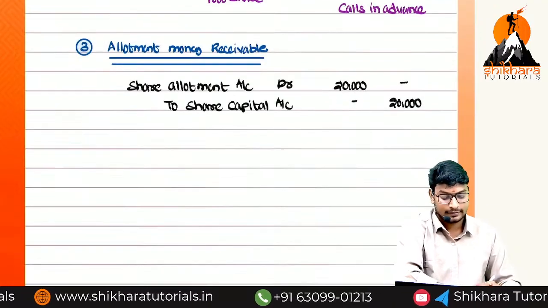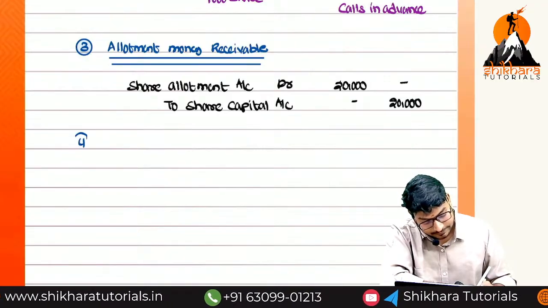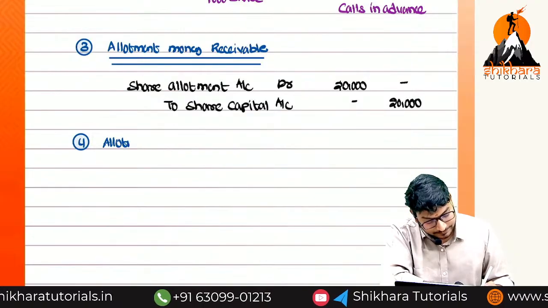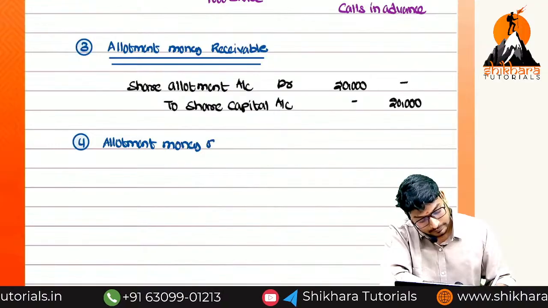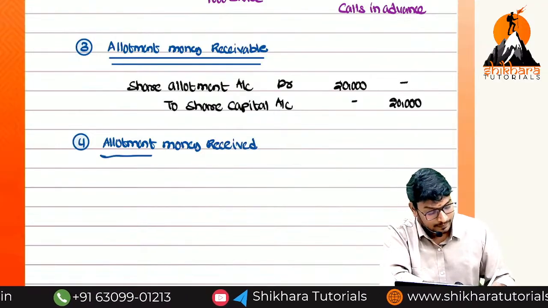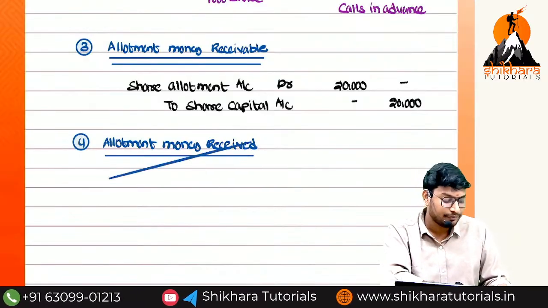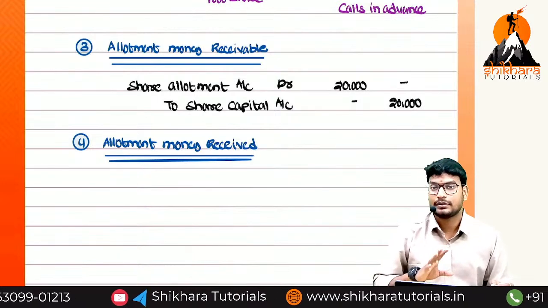And next, the fourth one is important, ma. What is the fourth point? Allotment money received. Be careful here. How much amount have we received, ma? On 10,000, 2 rupees received.